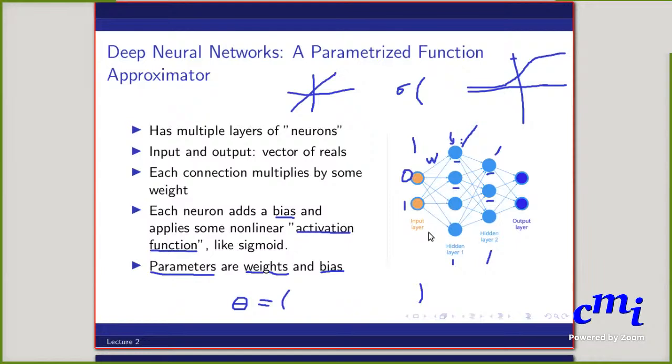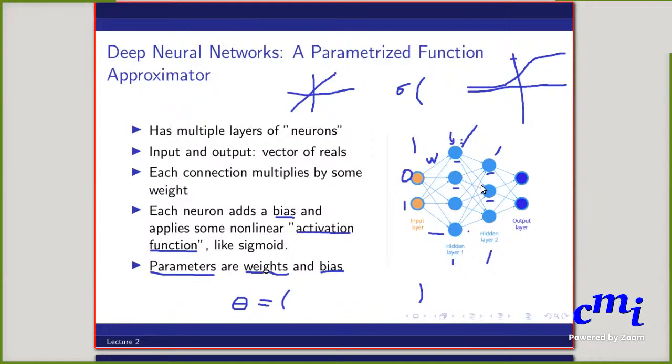Whatever you're doing from the outputs of one layer to the inputs of the next layer is just linear, because you're taking linear combinations and adding some bias. If at each node what you're doing is also linear, then you just have a composition of a bunch of linear functions, which is itself going to be a linear function.